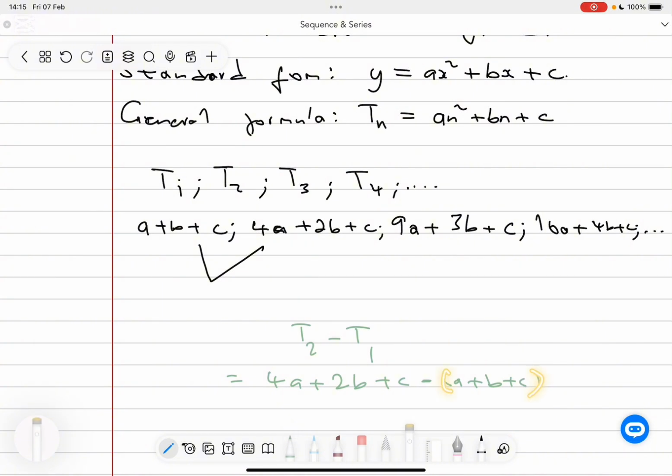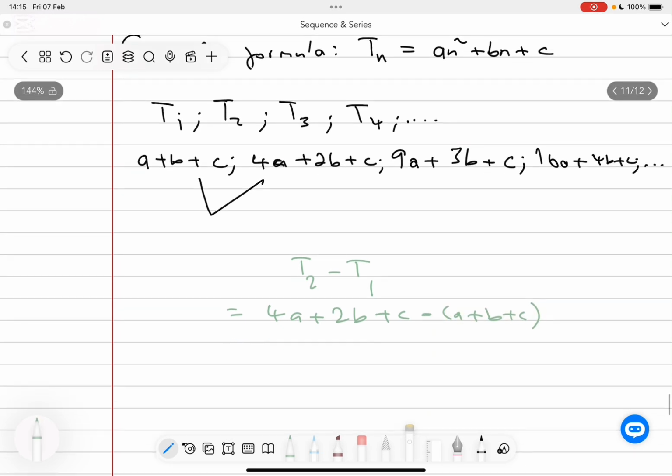Again, because I have a trinomial inside here, I'm going to put brackets because this negative will affect each and every term inside there. Now, to simplify this, you can see that we're going to have 4a plus 2b plus c, and then minus a, minus b, minus c.